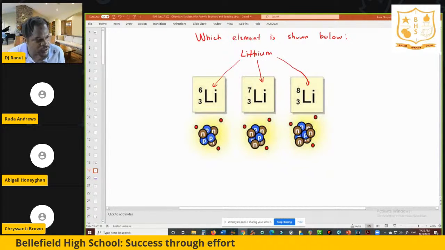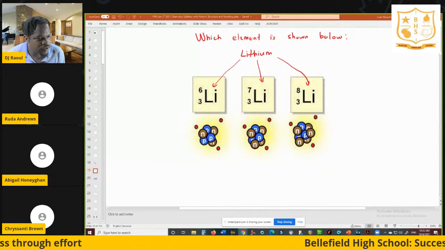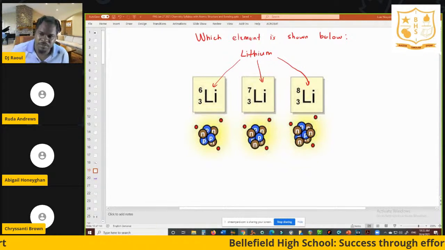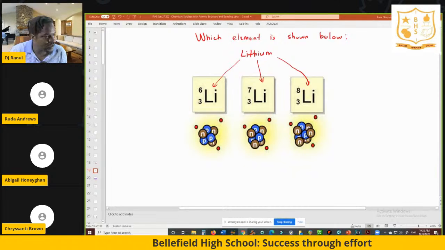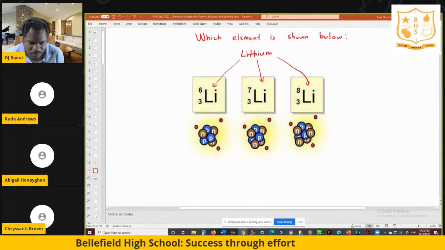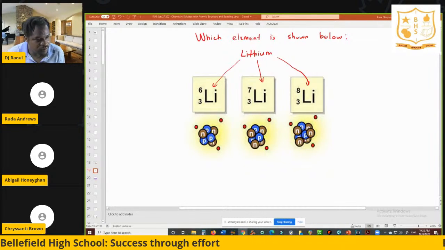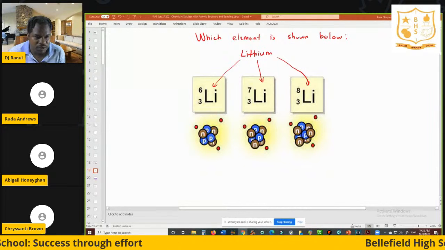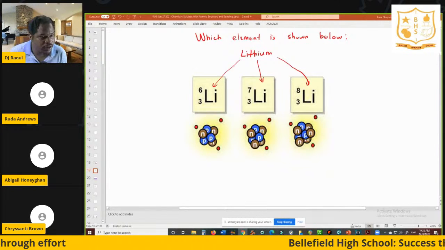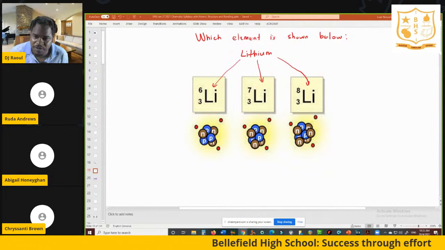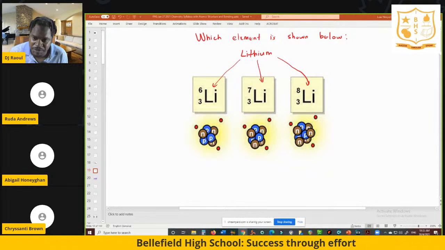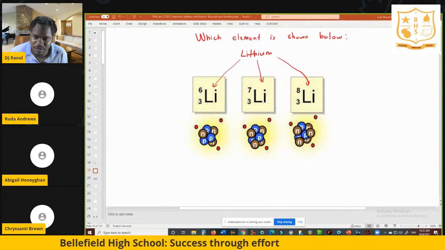Who said atomic number? Chrisanti, sir. Chrisanti, you're saying the atomic number is the same. O'Neill, what are you saying? That was what I was going to say, sir. Okay, so we are agreeing then. I hope Rhoda and Abigail are seeing this as well. Chrisanti is saying that the atomic number is the same.